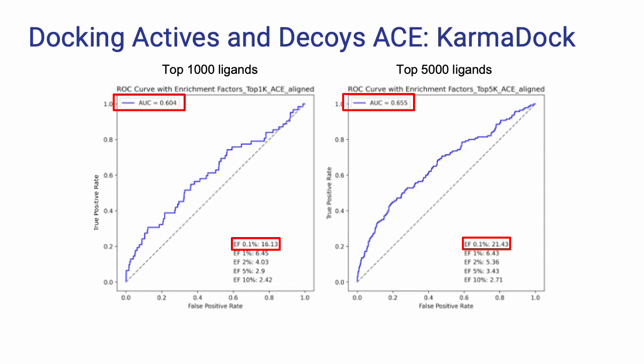For ACE in KarmaDoc, it had lower AUC values of 0.6 and 0.66 with EF values of 16.1 and 21.4 for the top 1,000 ligands and top 5,000 ligands respectively, indicating weaker performance in both discrimination between actives and decoys and enrichment of actives.